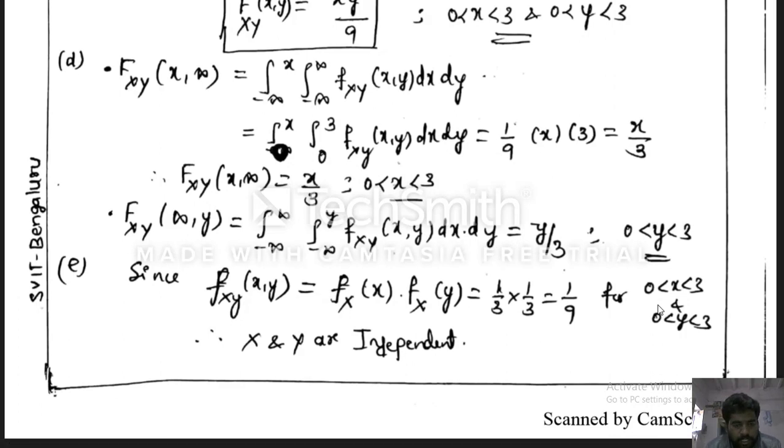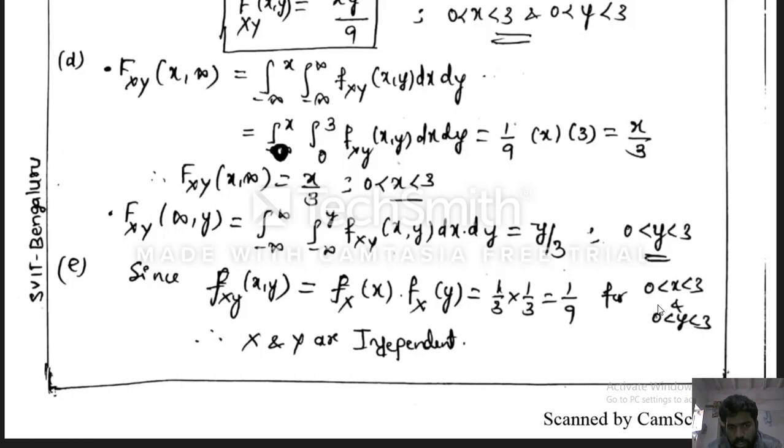The last parameter is, if you want to check whether the given random variables x and y are independent or not, we have to verify the condition: the joint CDF must be equal to the product of individual CDFs, or the joint PDF must be equal to the product of the individual PDFs of random variable x and random variable y.